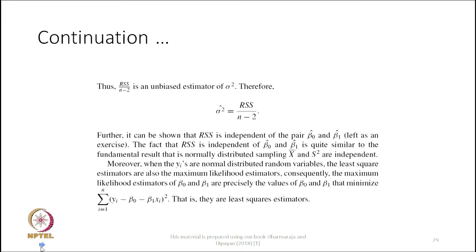Consequently, the maximum likelihood estimators of beta naught and beta 1 are precisely the values of beta naught and beta 1 that minimize the summation of yi minus beta naught minus beta 1 xi whole square. That is, they are least square estimators. So, this is the observation from the estimators we have discussed till now.